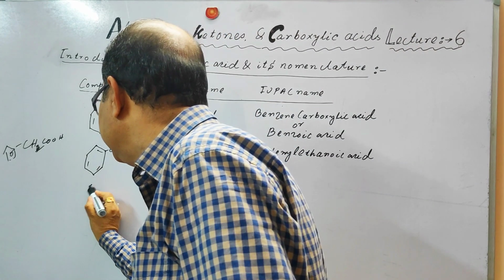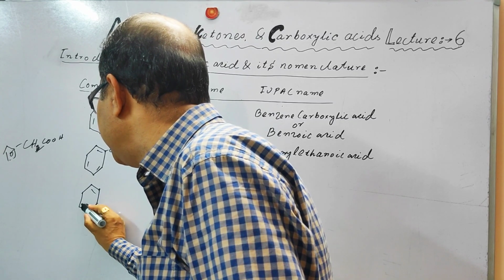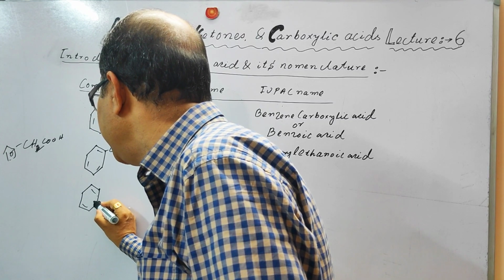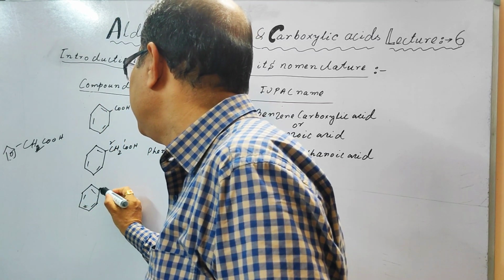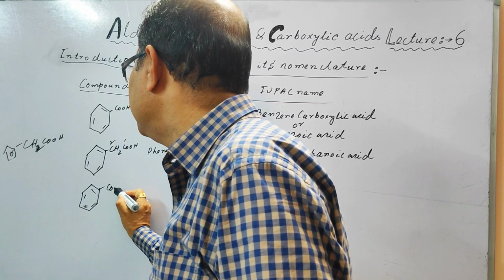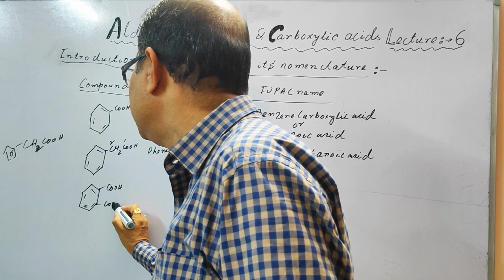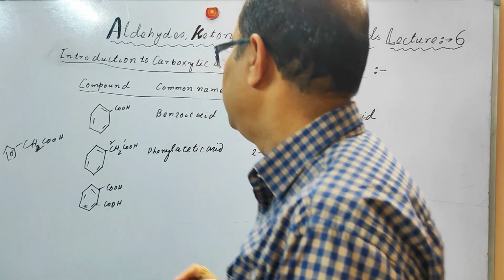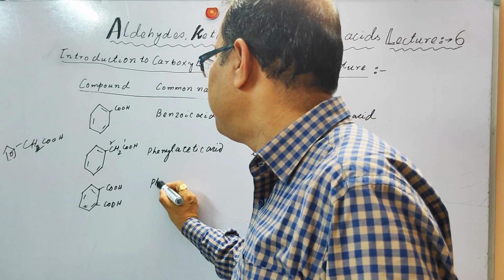Now another compound that we are going to discuss has 2 carboxylic groups. This is a very important organic compound.